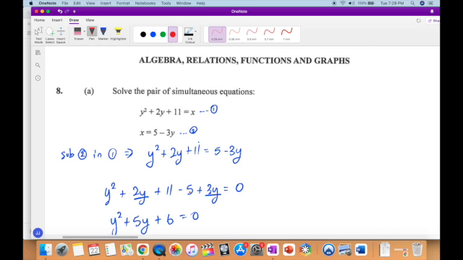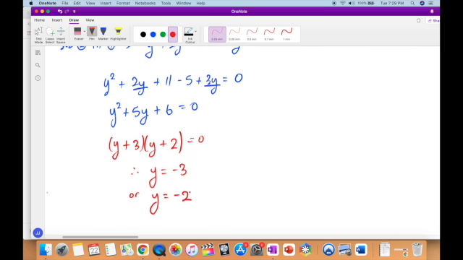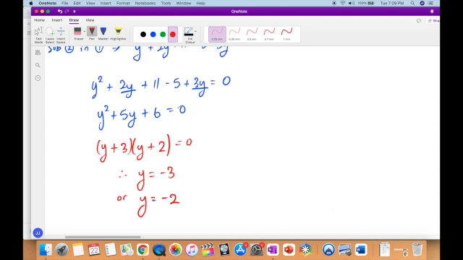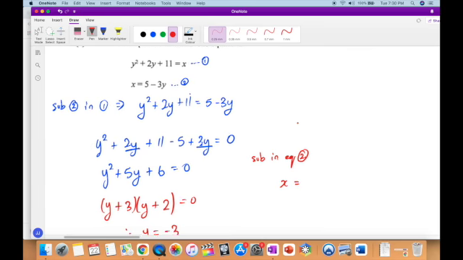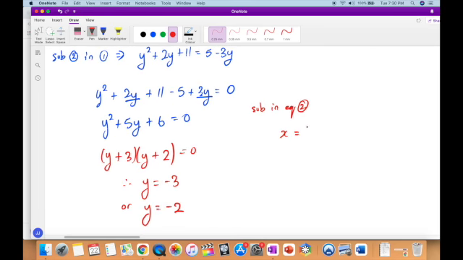Yeah? So solve the pair of simultaneous equations. So you can see here I have two values for y, right? So now sub in equation 2. And what is equation 2? X is equal to 5 minus 3y.